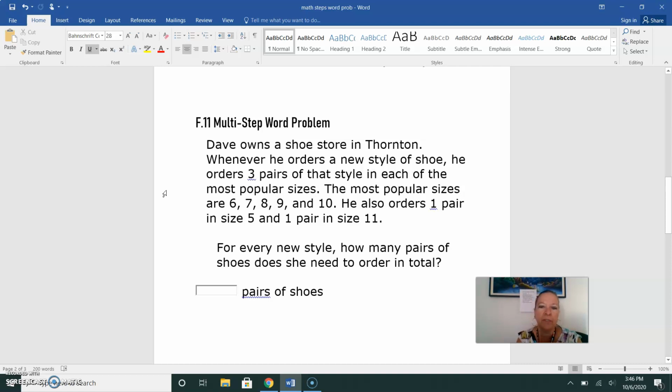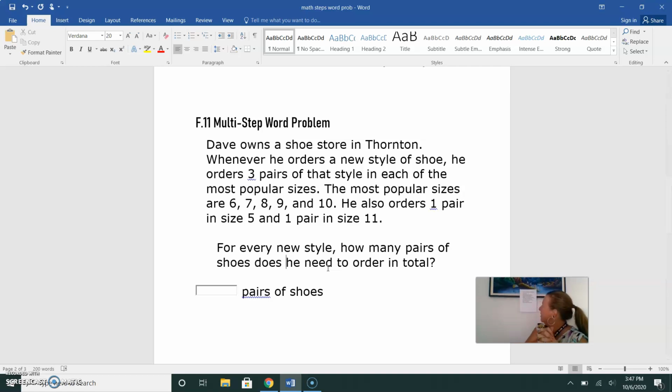The most popular sizes are 6, 7, 8, 9, and 10. These are sizes of shoes. He also orders 1 pair in a size 5 and 1 pair in size 11. For every new style, how many pairs of shoes does he need to order in total?